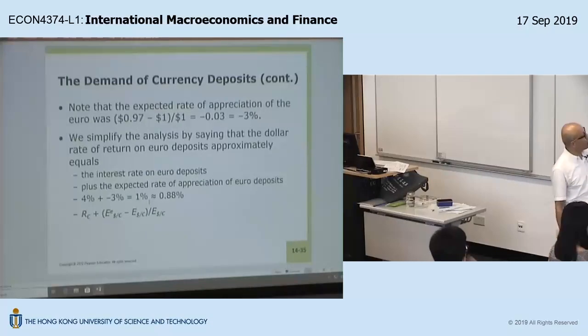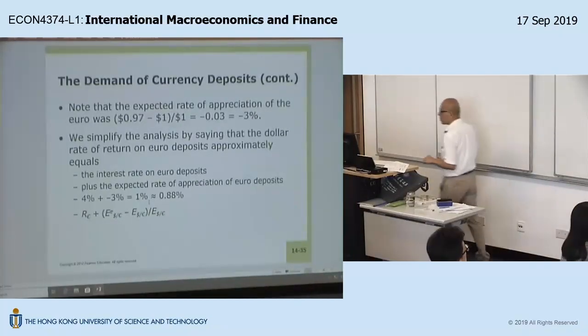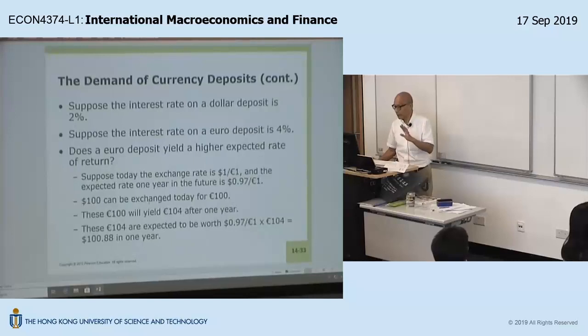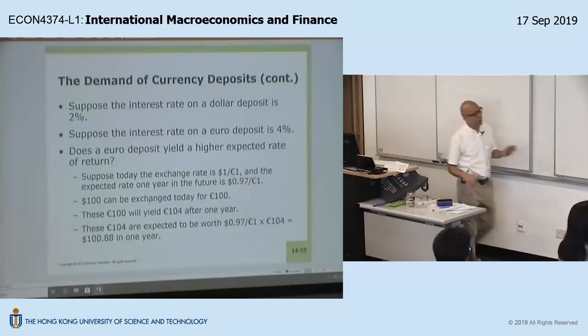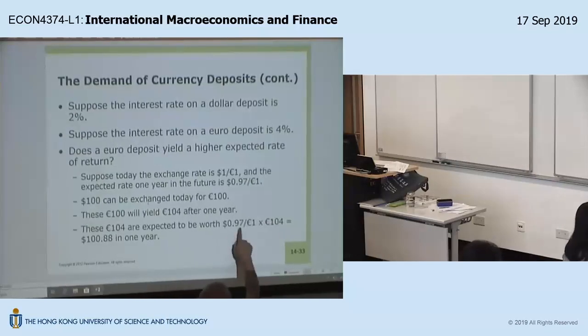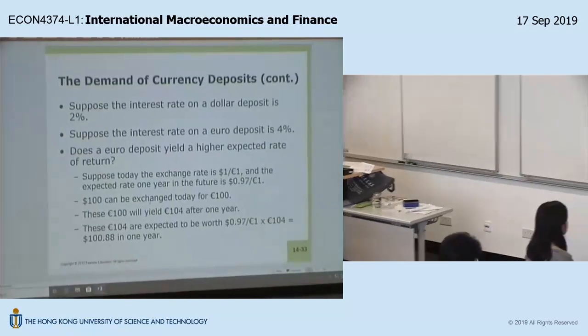So the calculation that we have carried out just now is exact. We just multiply 0.97 by 104 and get this number.